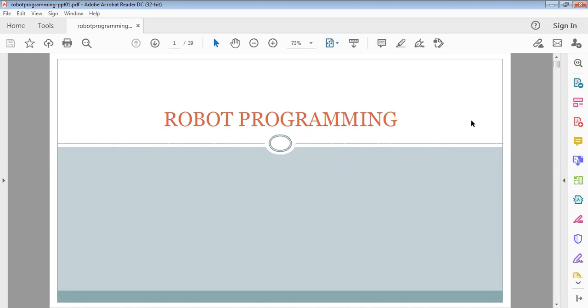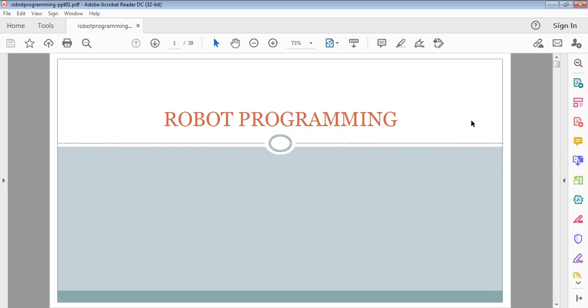So far we have discussed many topics in industrial robotics. In the introduction class we discussed the configuration of the industrial robot, and later we developed the subject by learning the kinematics of industrial robots, forward kinematics and inverse kinematics.